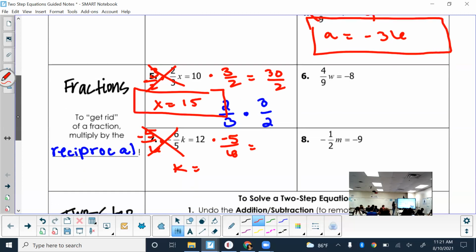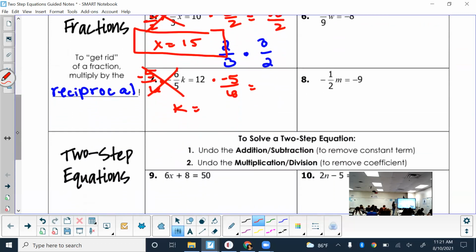When you're cross simplifying, look at the diagonal numbers. Over here, this is really 12 over 1. Is there a number that goes into 1 and -5 other than 1? That one's already simplified. When you look this way at the 12 and 6, is there a number that goes into both of those?